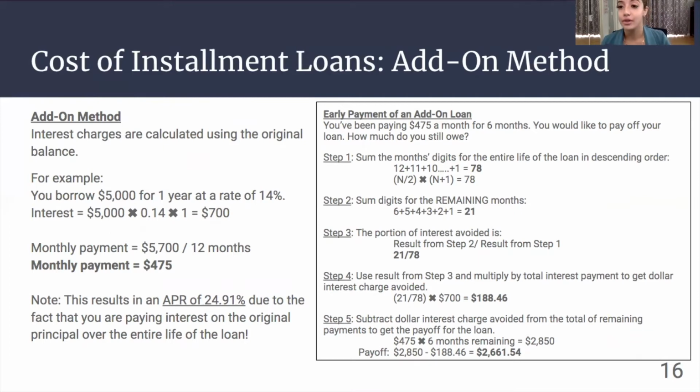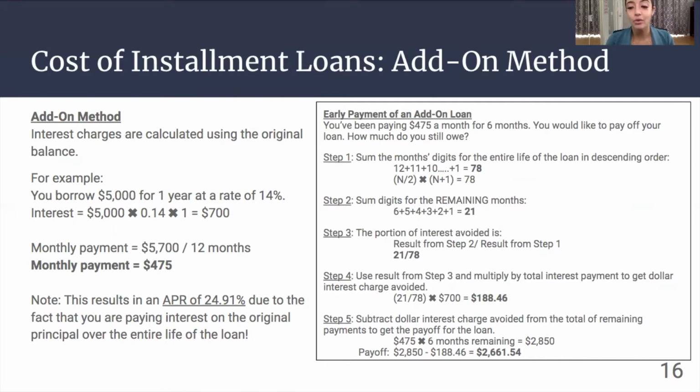That'll give you $700. So your monthly payment for this loan is going to be your principal plus your interest, meaning $5,700. You're going to divide it by the 12 months, and that's going to give you your monthly payment of $475.